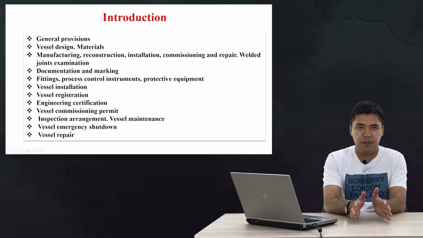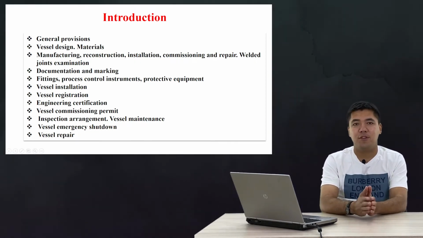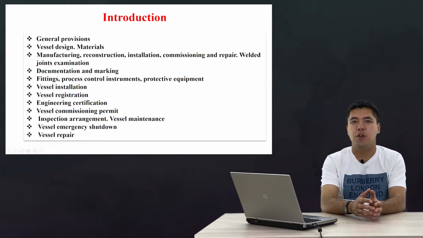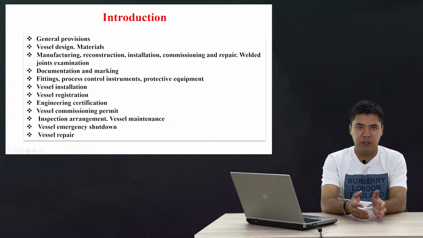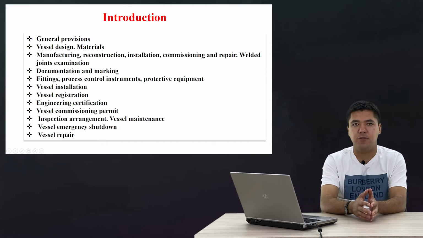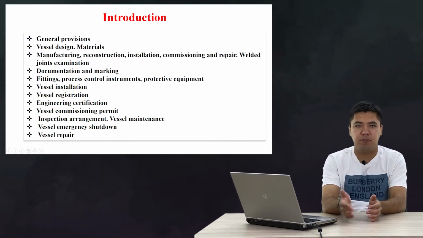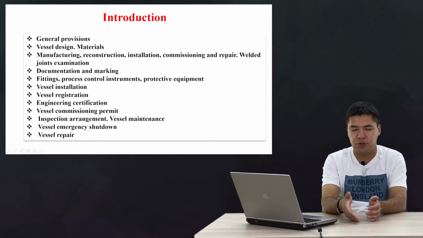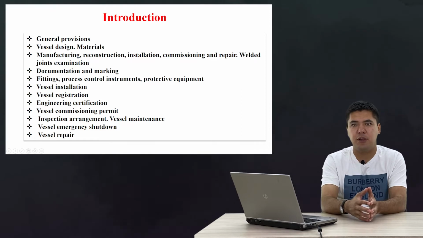But roughly speaking, a pressure vessel is an equipment. So what is a pressure vessel? A pressure vessel can be any container that is used to keep, store, or move liquids or gases in different forms, under a pressure and temperature that are much different from ambient pressure and temperature.